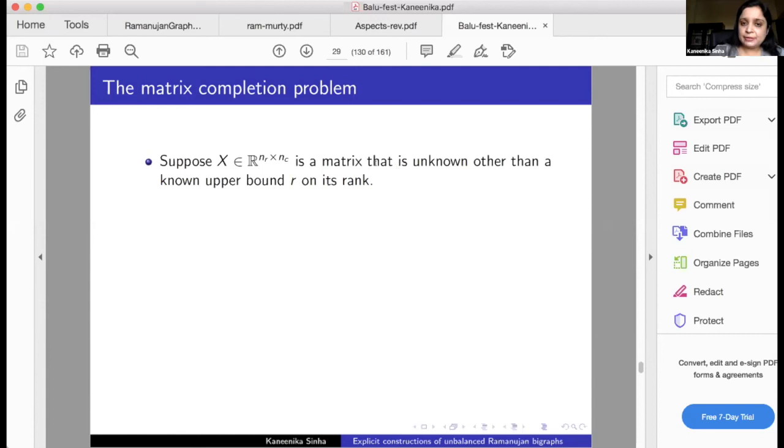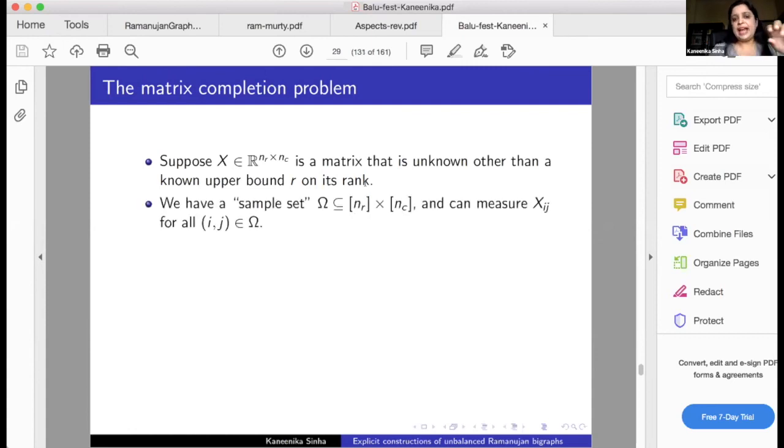Suppose you have a matrix of size nr by nc, which is unknown other than a known upper bound R on the rank of the matrix. And let us say we have a small subset of the entries for which we know the values. We call this a sample set.